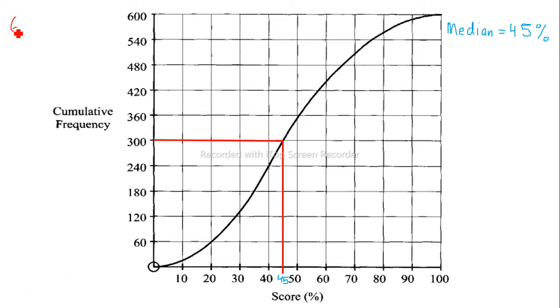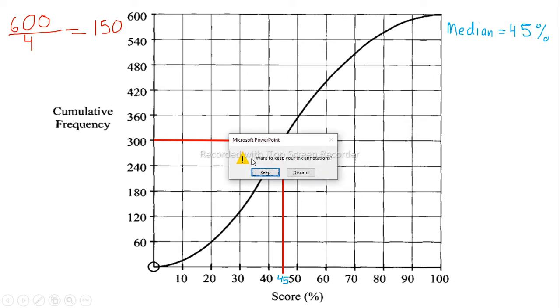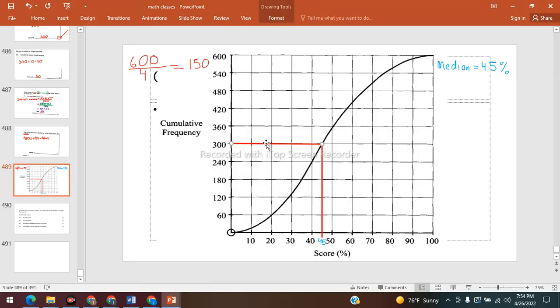So 600 divided by 4 is what? 150. So it's going to be 150. So where's 150?